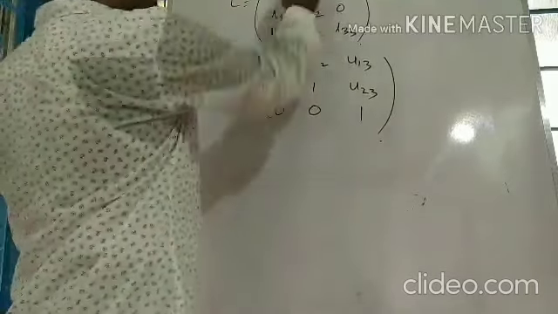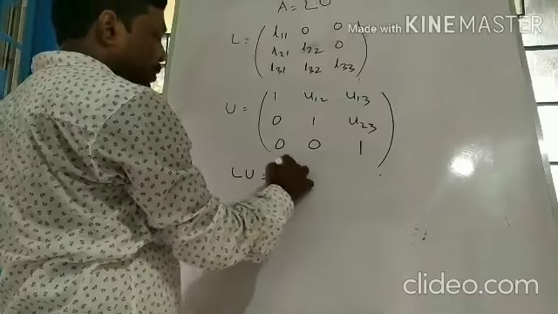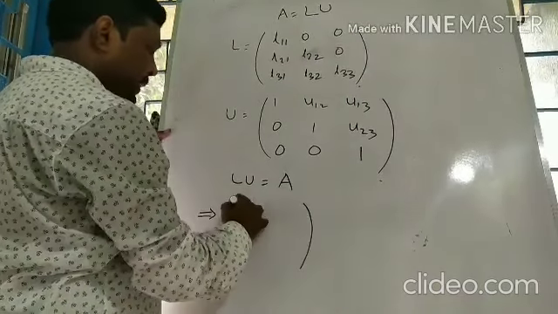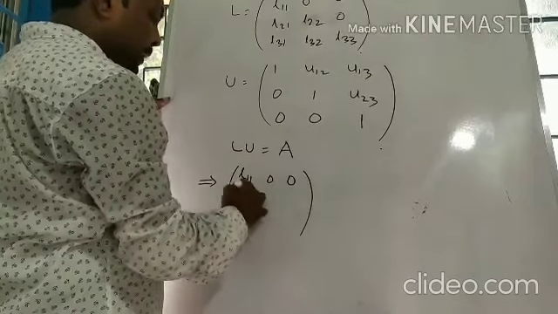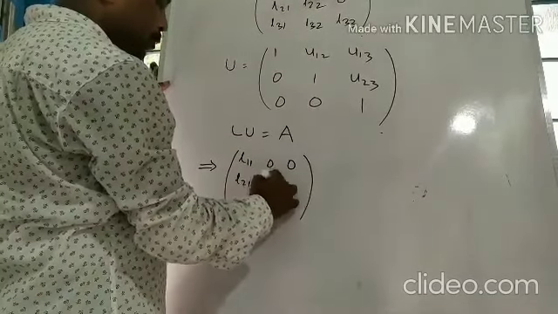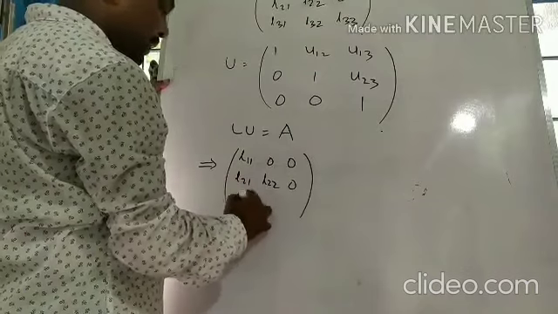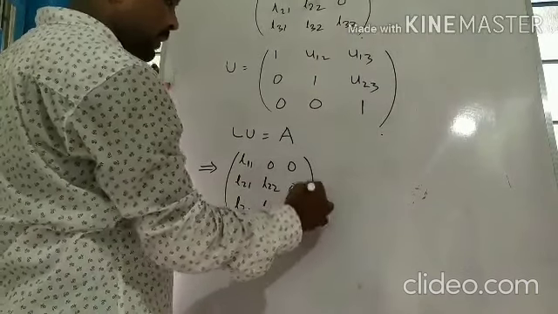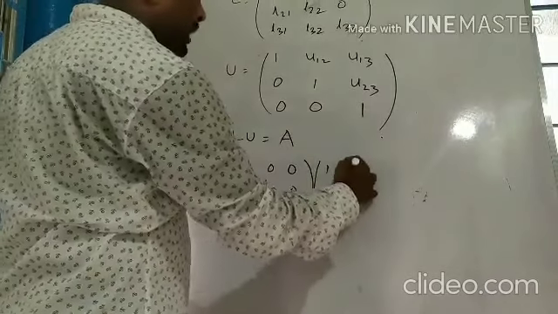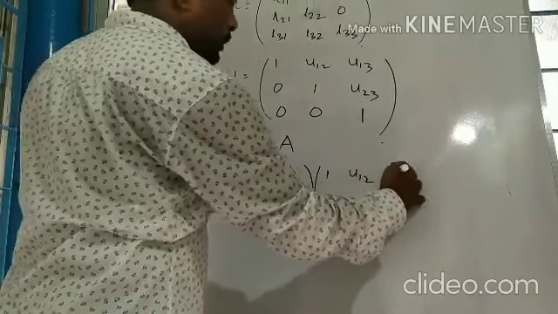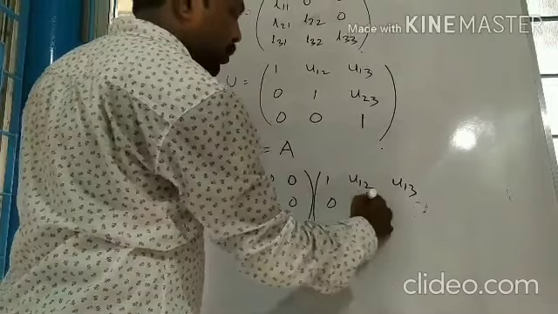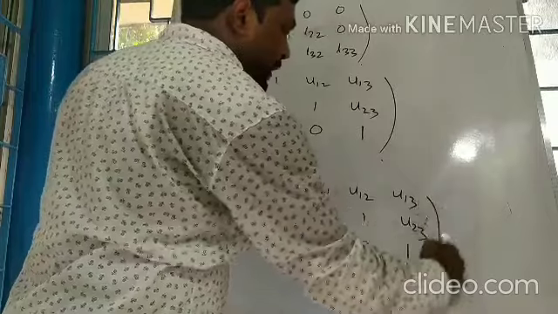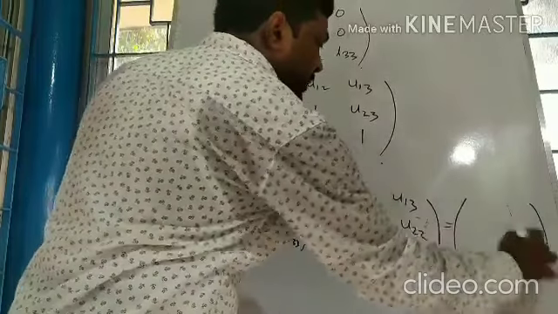Now LU equals A, which implies [L11 0 0; L21 L22 0; L31 L32 L33] times [1 U12 U13; 0 1 U23; 0 0 1] equals matrix A. What is the matrix A?